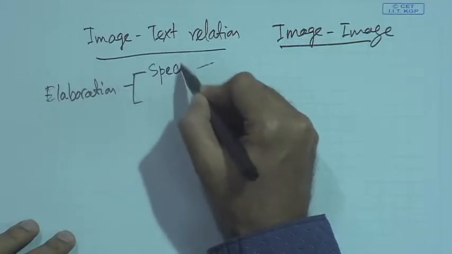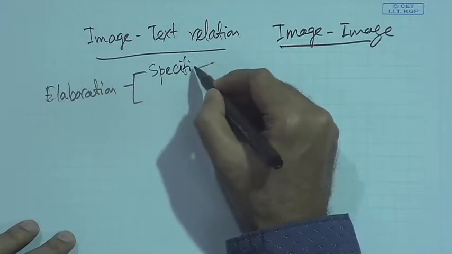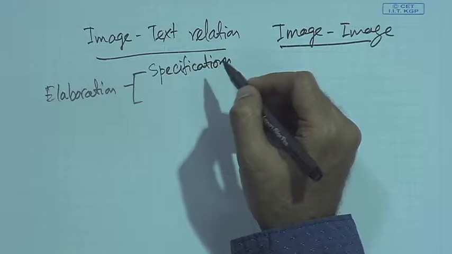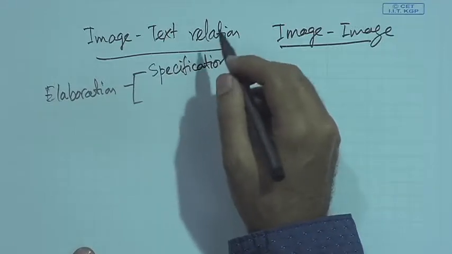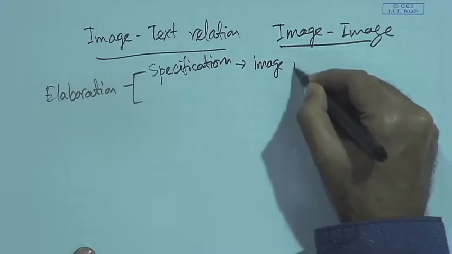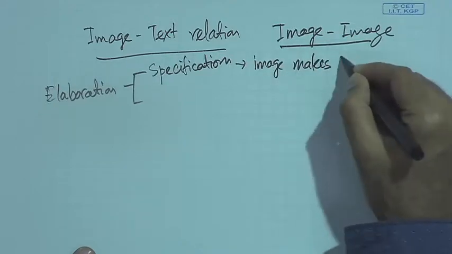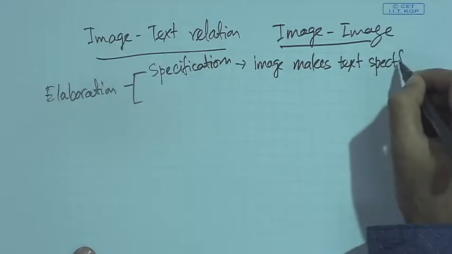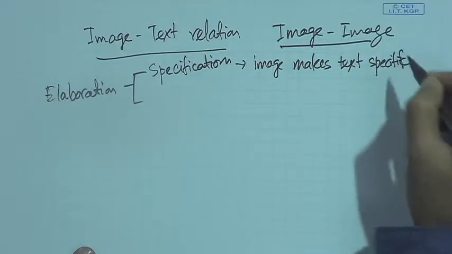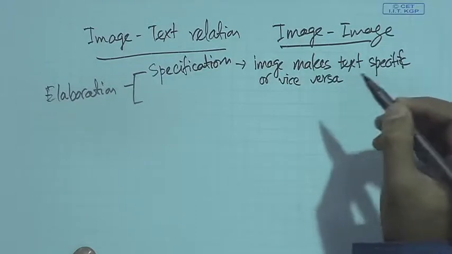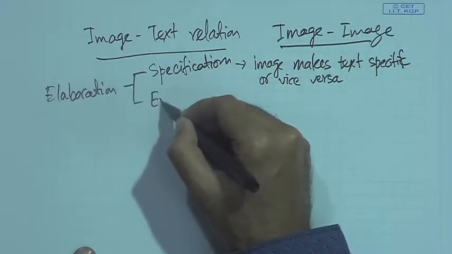One is specification. There is a sense of specification, so the image makes the text more specific, or vice versa. And the other one is explanation.